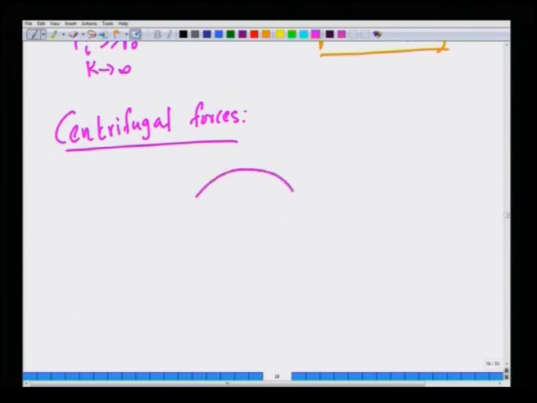Centrifugal forces happen whenever there is a rotation of fluid flow. So, when you have a suspension of solid in liquid, and you want to separate these particles based on their sizes or densities, you can use gravity, but you cannot manipulate gravity because it is fixed on the surface of earth.